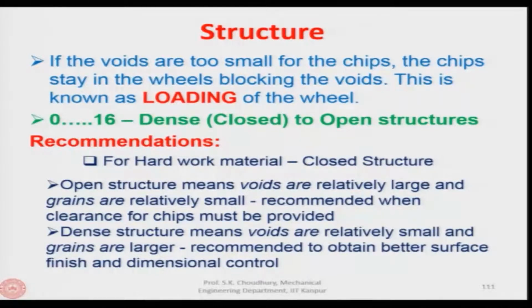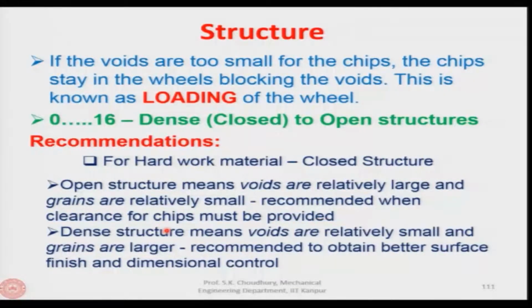Recommendations are that for hard workpiece material we should have the closed structure, and open structure means the voids are relatively large and grains are relatively small. Okay. So, you understand that if the grains are small, then the open structure is recommended when clearance for chips must be provided.